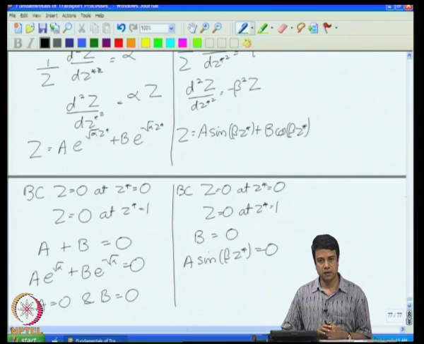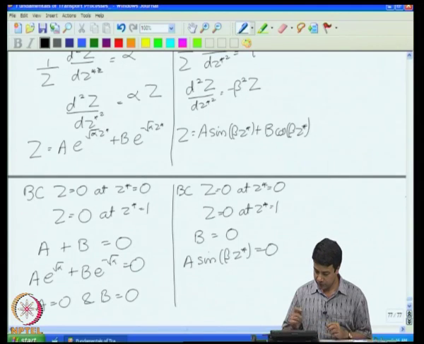But wait, there is another possibility, and that is that sine of beta z star is equal to 0. If sine of beta z star is equal to 0, then the boundary condition is satisfied. But for that, I require to take beta to be specific values.